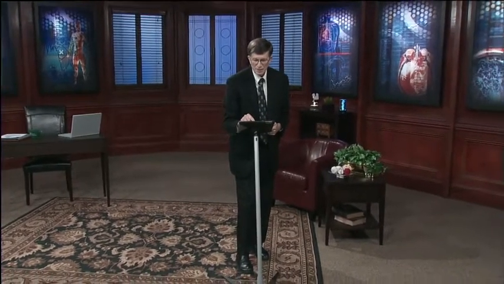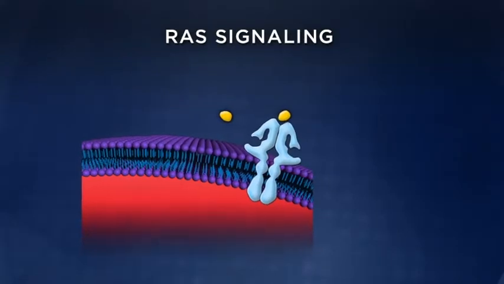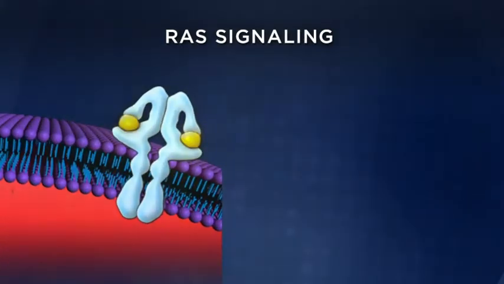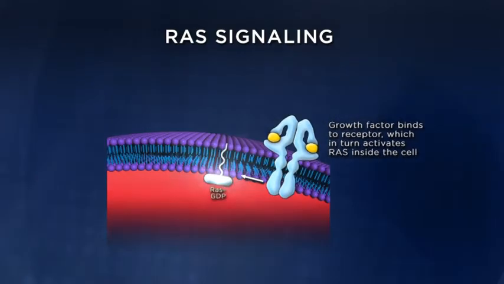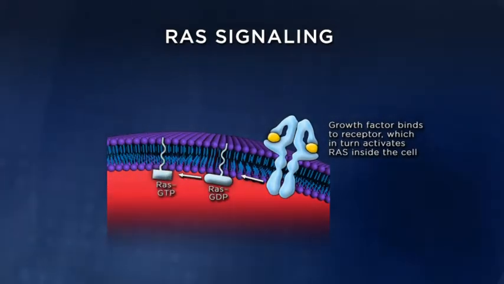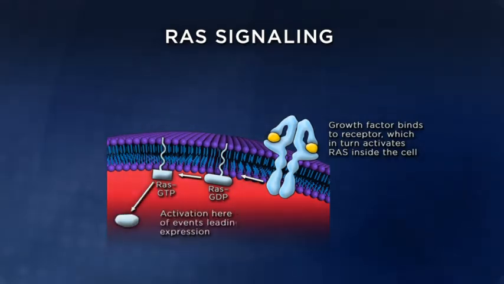It's the first of the dominoes. After a growth factor binds to the receptor, it jiggles something, and sitting right there is a molecule called RAS, and then the RAS becomes active. RAS actually changes its three-dimensional structure indirectly by binding with the receptor protein inside the cell.